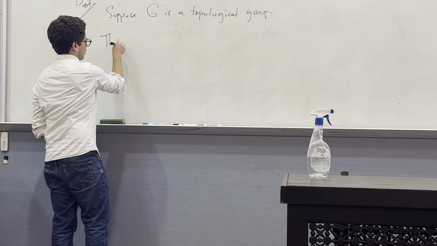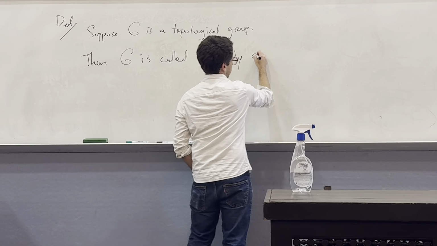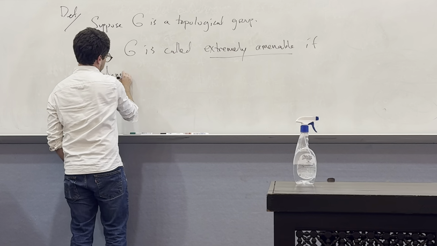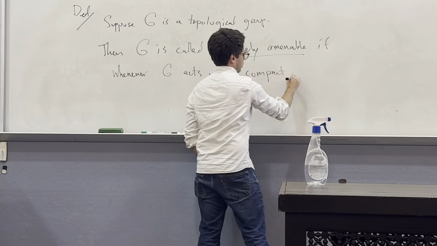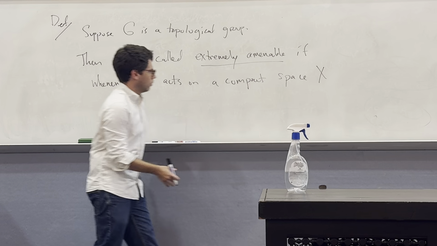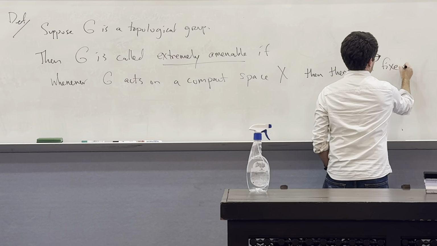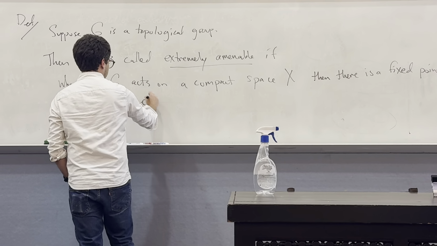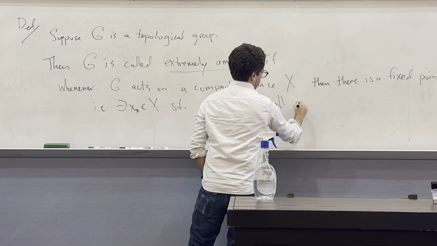Then G is called extremely amenable if whenever G acts on a compact space X, and I'm talking about a continuous action in this case, then there is a fixed point, i.e., there exists some X star in X such that G dot X star equals X star for all G.